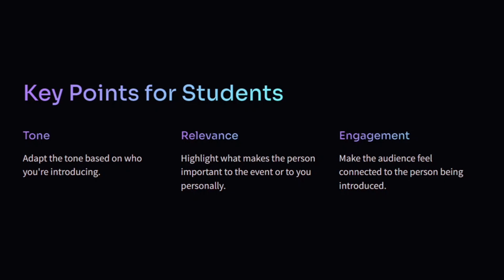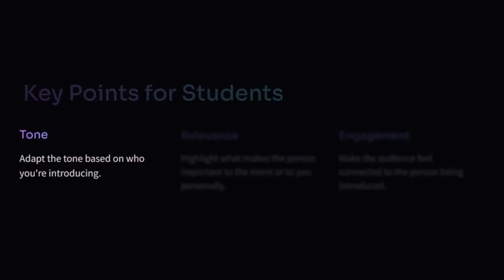A few key points for students here. The first thing, the tone. Adopt the tone based on whom you are introducing. If you are introducing a dignitary, principal, professor, or president, your tone should be very humble and polite.